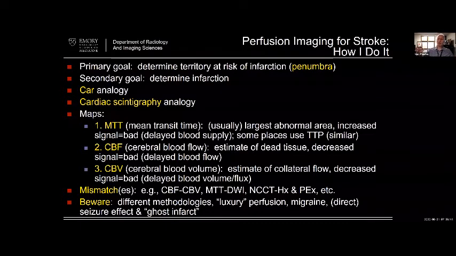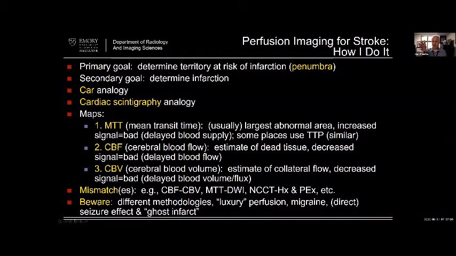So the total amount of time it takes you to get home is kind of the MTT equivalent, that mean transit time kind of thing to think about. And that's where I start, trying to figure that part out. If I stay on the same road, that's basically the CBF, cerebral blood flow. And if I maybe take side roads, then CBV.